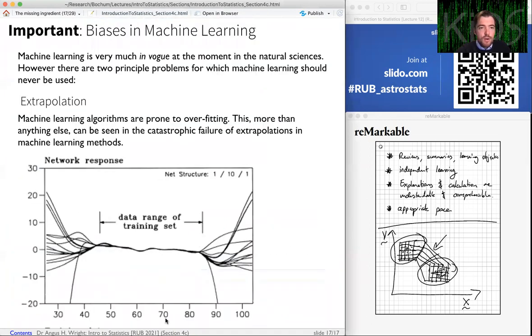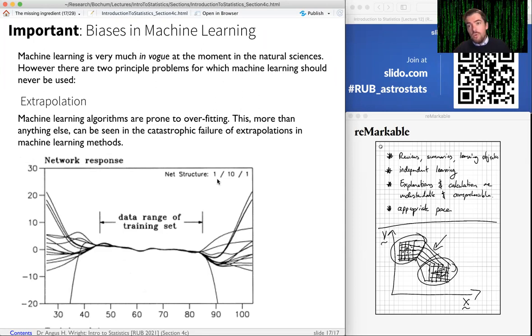Okay, that's the self-organizing map. The last thing we're going to talk about today is biases in machine learning. And this is the most important part of this section. Machine learning is very, very popular at the moment. And it is almost guaranteed that you will run into machine learning during your academic careers or even during your careers outside of academia.